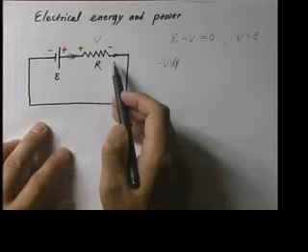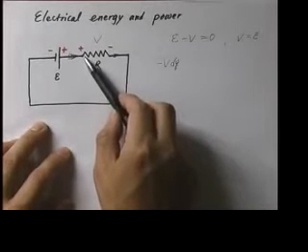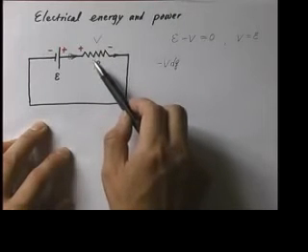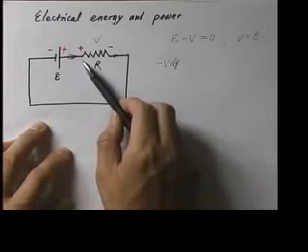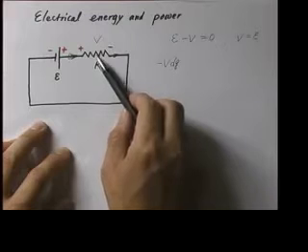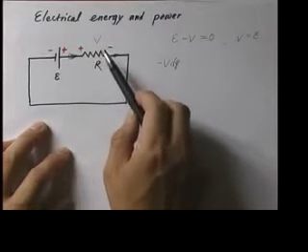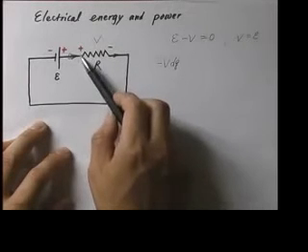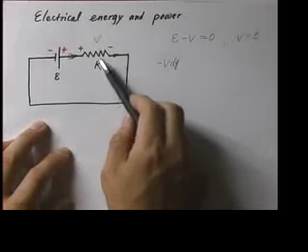Well, that's quite easy to understand, because as the charges push their way through the resistor, they have to overcome the resistance. In other words, they have to collide with other particles. And as they collide, they will pass their kinetic energy to other particles and start over. Because if that does not happen, then as a charge goes from here to there, losing electrical potential energy, it's going to pick up kinetic energy.